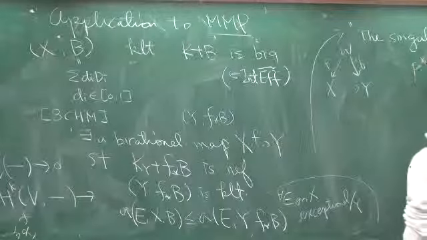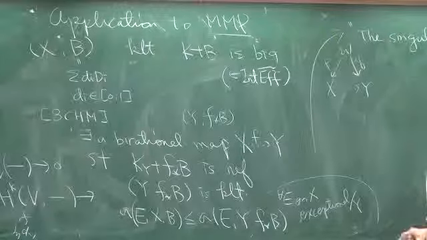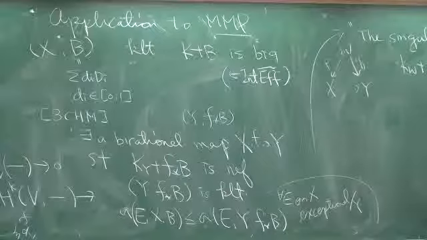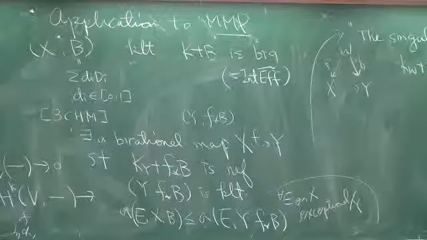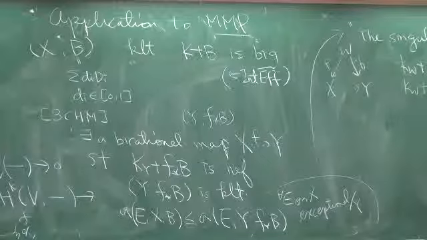Then K_W + B_W = p^*(K + B) + E. So to find the singularity of the pair (X, B), you look at this exceptional divisor. And K_W + B_W = q^*(K_Y + B_Y) + E'.